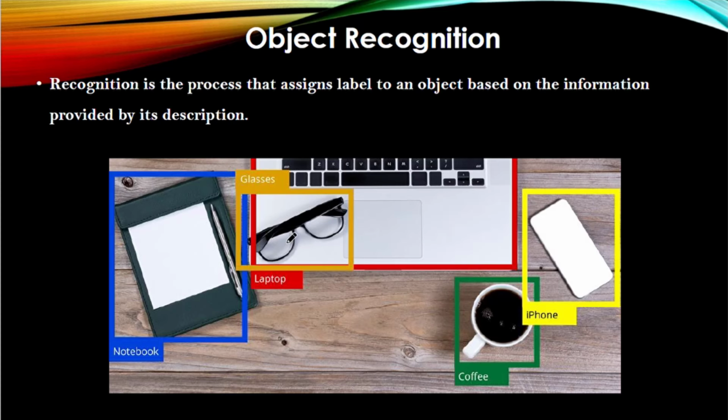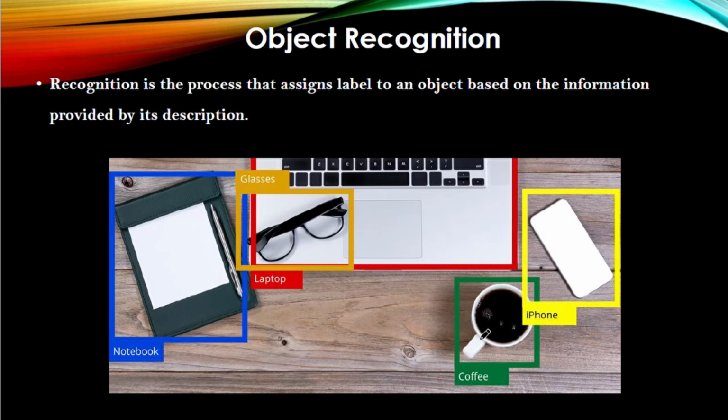Okay? See this. Suppose this total is your image. Then go for segmentation. After the segmentation, you'll get different parts. This notebook is one part, these glasses become one part, the laptop becomes another part, the iPhone another part, the coffee another part.